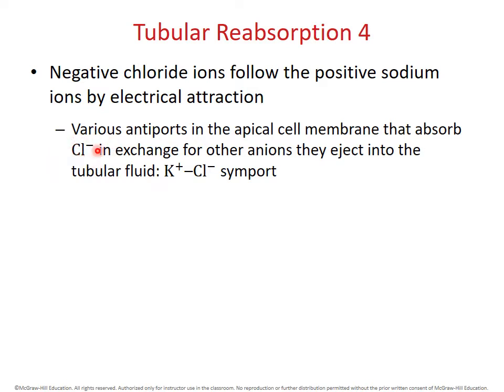As it turns out, chloride tends to move through an antiport protein in the cell membrane, apical surface, the tubular side, and it does so in exchange for other anions that they eject into the tubular fluid. So this is what prevents chloride from creating electrical imbalances. As the chloride moves in following the sodium, other negatively charged ions will be moved out into the tubular fluid to balance chloride's negative charge.